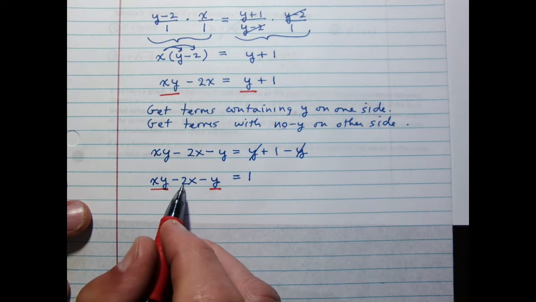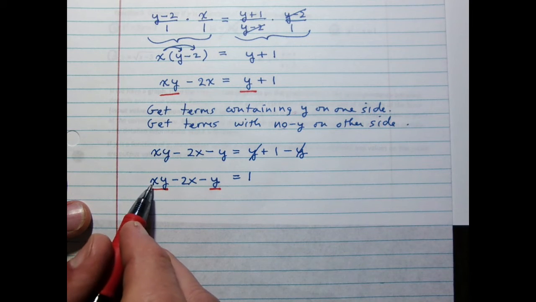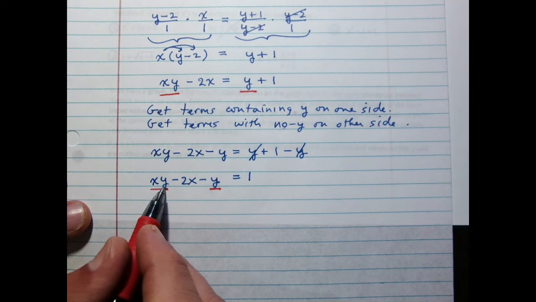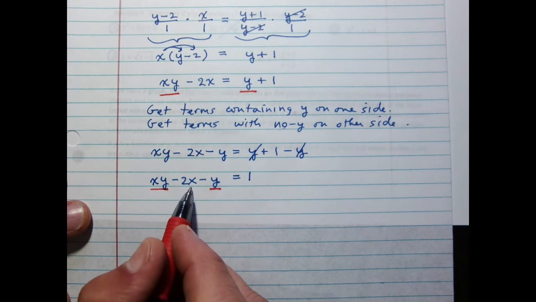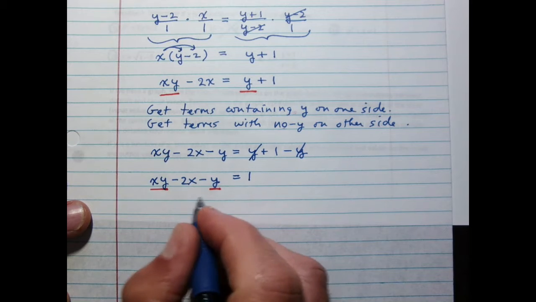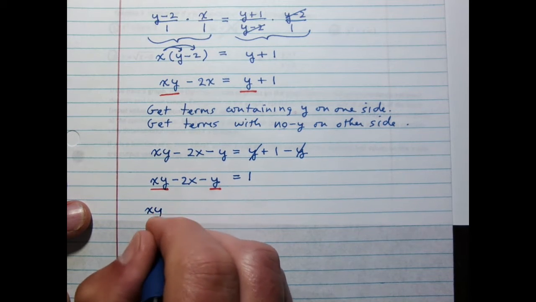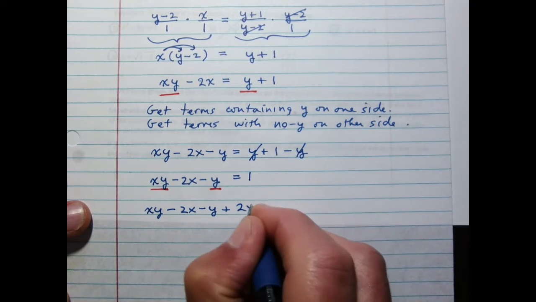I next want to get this 2x term to the other side because I want terms with no y on the other side. This x here doesn't bother me, the x times y, because this x is part of a y term. That's fine. But this x that's in the minus 2x term has to go to the other side. So xy minus 2x minus y, I'm going to add 2x.